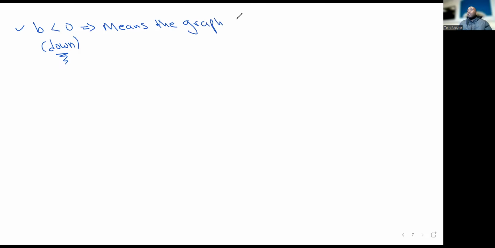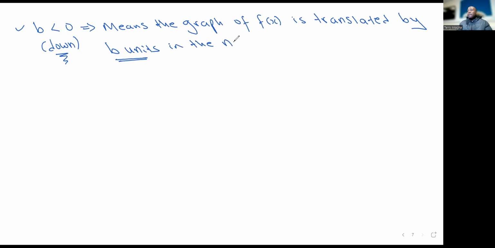Okay, so this means the graph of f of x, any particular function, is translated by b units in the negative y direction.